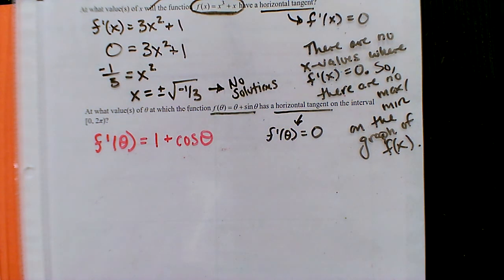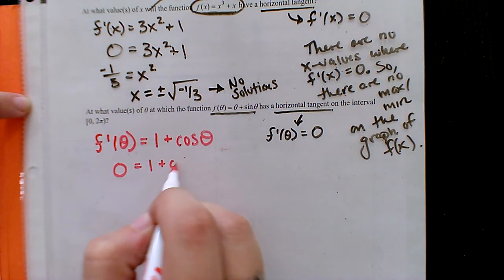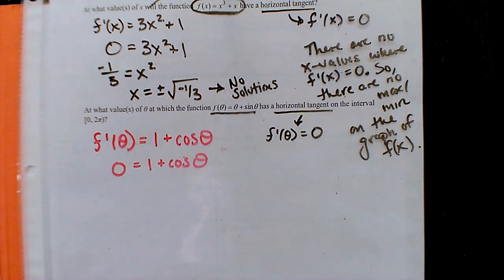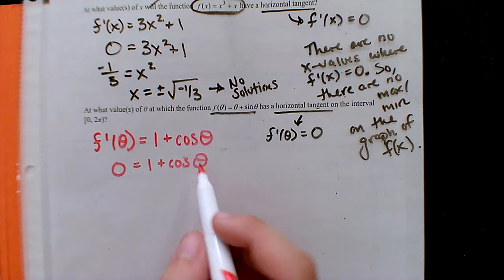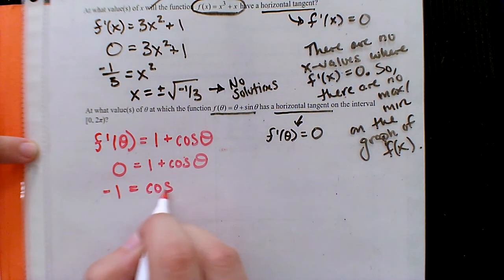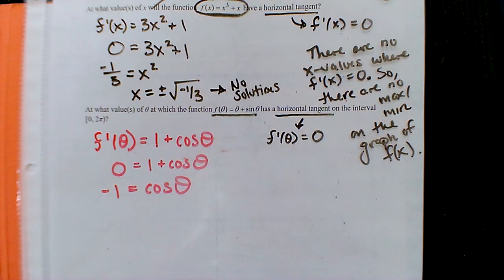We want to figure out where we have horizontal tangent lines, aka slopes of 0. So we'll substitute in 0 for the derivative. Let's solve for theta, that's our variable in this case. We'll subtract the 1 over. Without a calculator, you have to think about your unit circle.